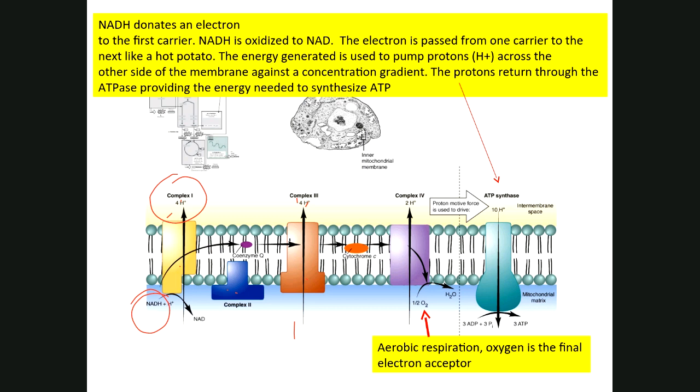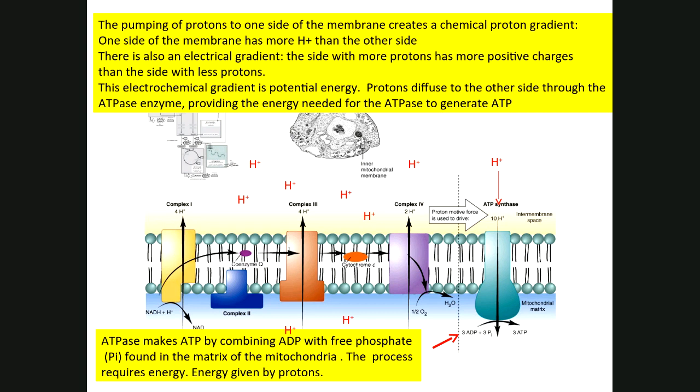Cytochrome C shuttles the electron from complex 3 to complex 4. Coenzyme Q makes up complex 2. Again, complex 4 moves hydrogen ions to the other side. This is the last of the complexes. The electron is now given to oxygen. FADH2 comes in this area and gives its hydrogen to complex 2. Okay, so more of the same.